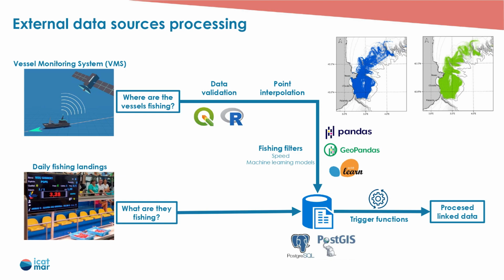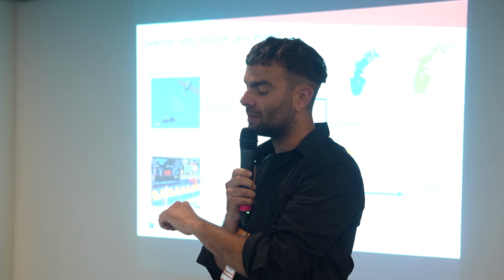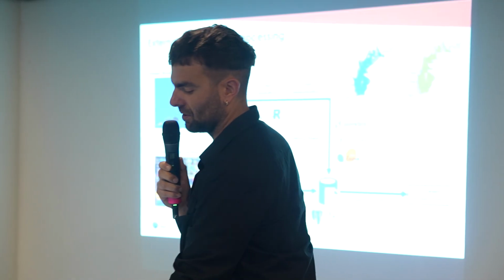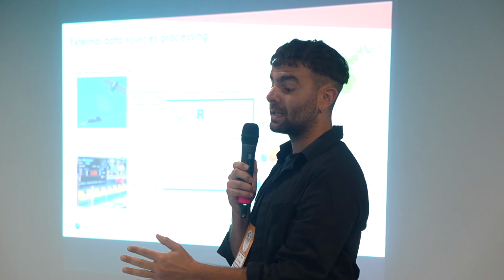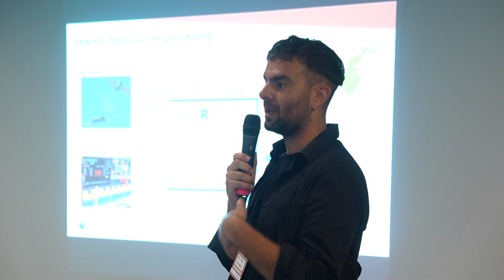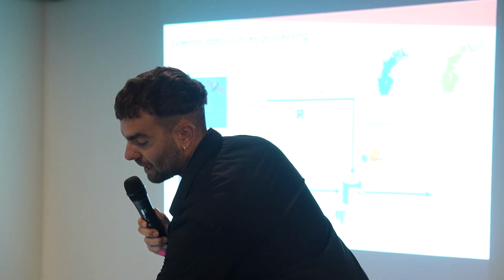So at the end, what we have is a final data table with each position and the corresponding landings in this position: the kilograms and euros of these landings at every position. This is important because this workflow is time consuming, and at the end we need the final data for a lot of things and we will be querying this final table a lot. So it's a way to optimize all the data analysis.